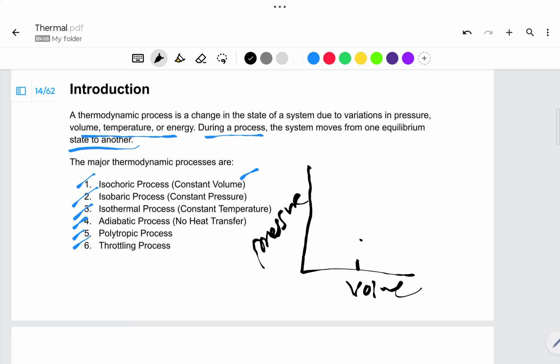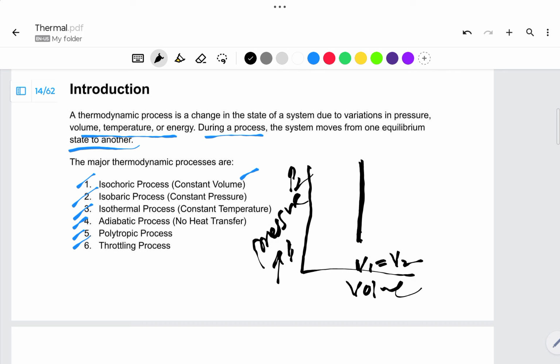So V1 is equal to V2. Volume will remain the same, but only pressure will be increasing. Pressure will move from P1 to P2 like this. So if only pressure is increasing, the graph will become like this.